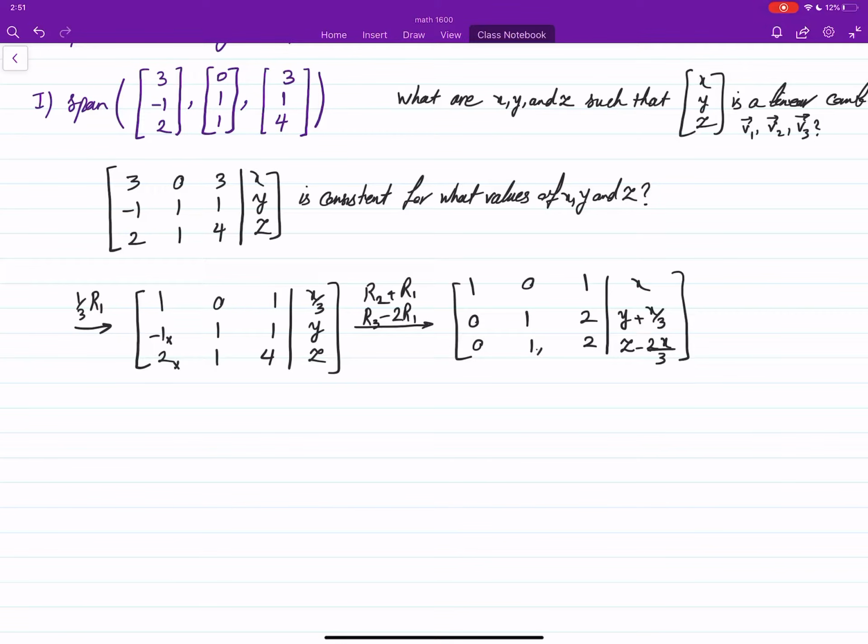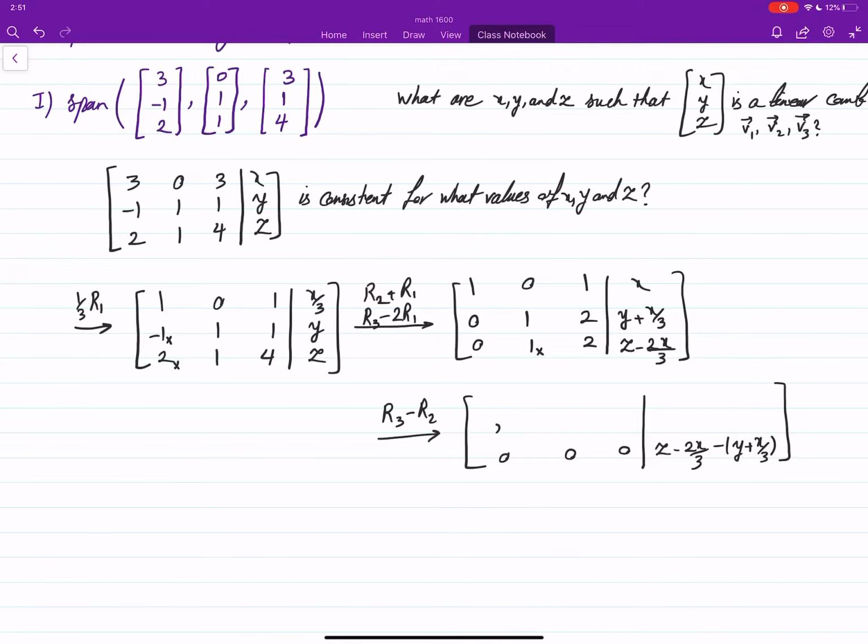Very nice. Now we have to get rid of this piece here. So for that, I will subtract row 2 from row 3. So this will be 0, 0, 0, and here z minus 2x over 3 minus y plus x over 3, sorry.